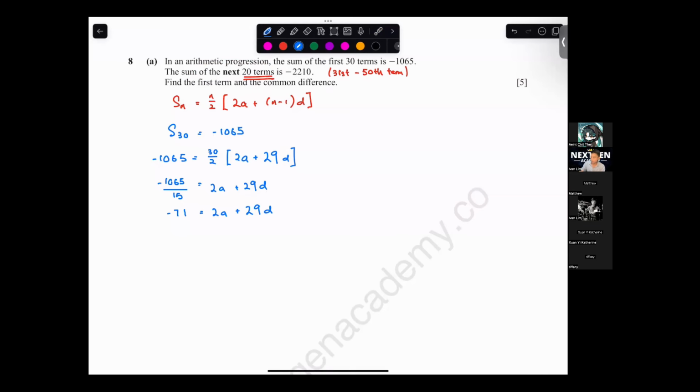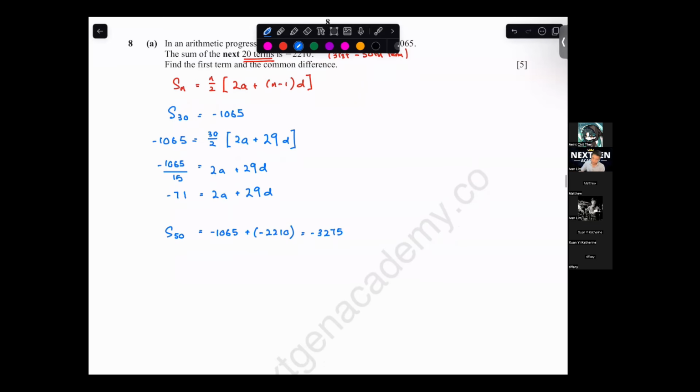So what we can write over here is S50 equals negative 1065 plus negative 2210, which is equal to negative 3275, because they say the next one. So that means 50 terms up. So negative 3275 equals 50 over 2, 2a plus 49d.